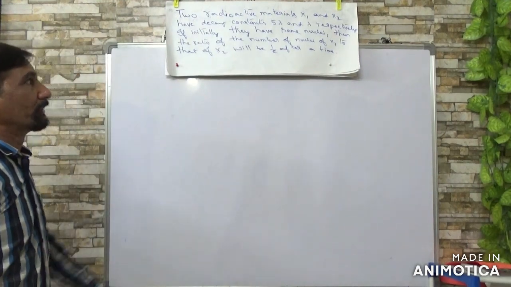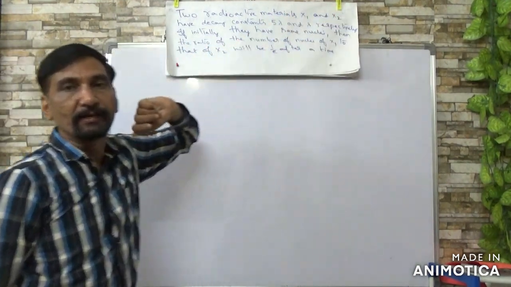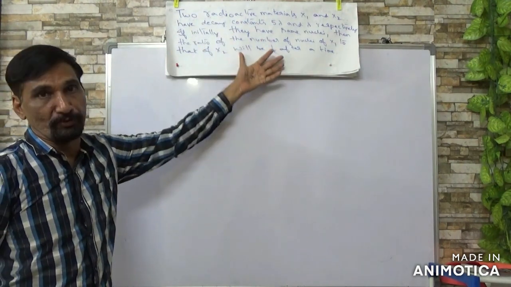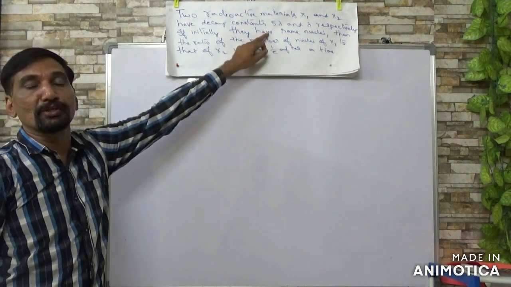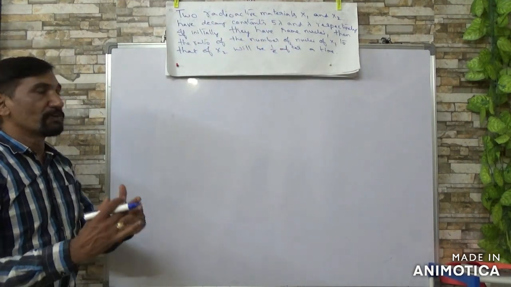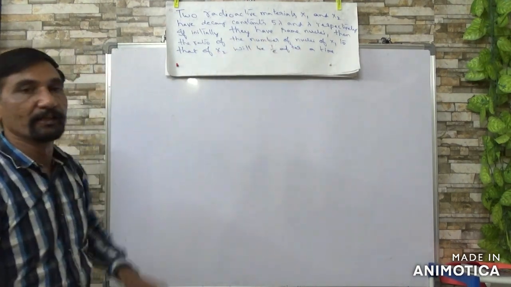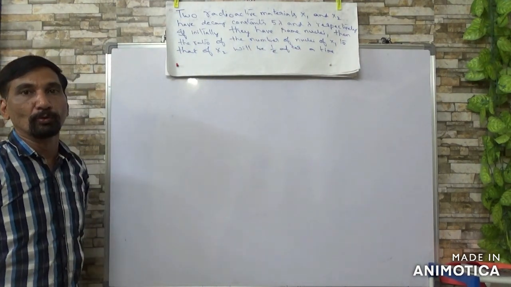Now about the given problem. There are two radioactive materials X1 and X2 having an equal number of nucleons. The first decay constant is 5 lambda, the next one is lambda. They said after a certain time the ratio of disintegration is given as 1 by E. That time you want to find.